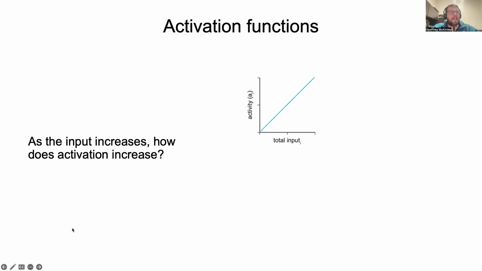Now we'll talk about the activation functions. One idea is that as the total input increases, so does the activation of that unit. That would just be called a linear activation function. Or we could have it so that as the input increases, nothing happens until it hits a certain threshold, and then it increases linearly. We would call that a threshold linear.